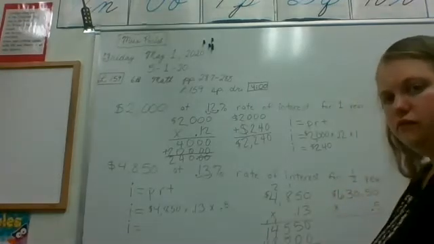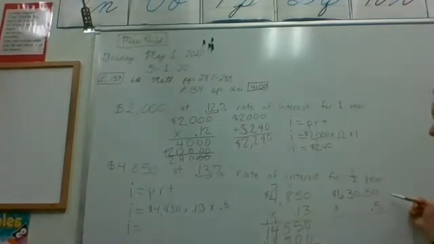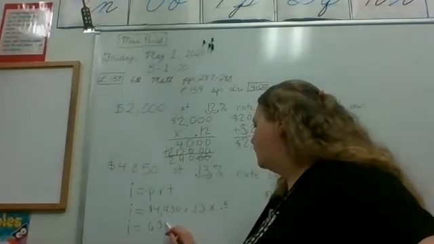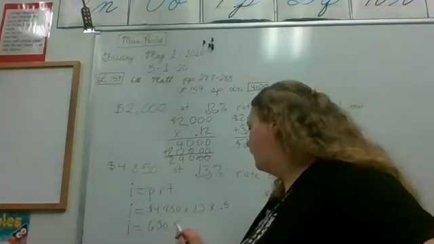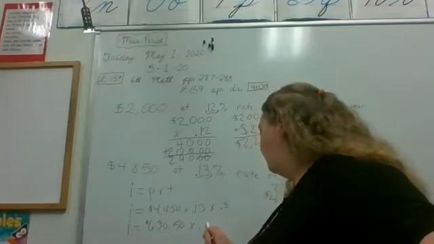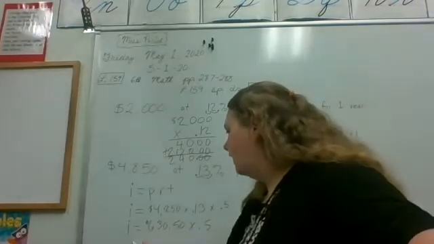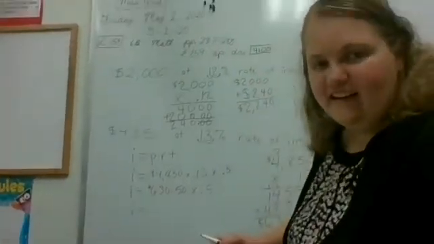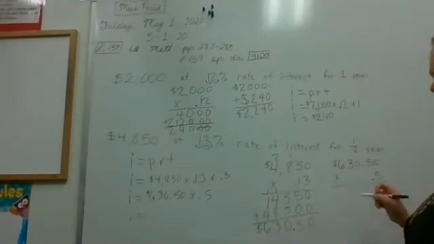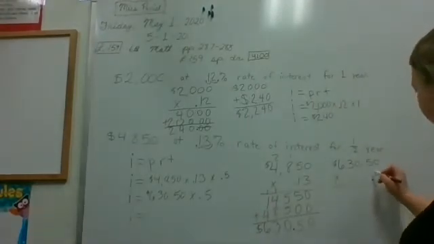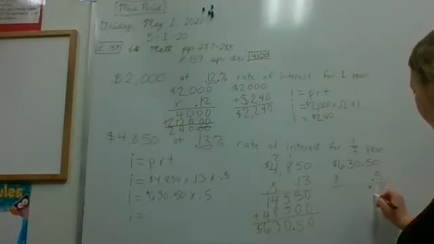Okay, so this will be our last step. So when you're doing this, you have 630.50 times 0.5, and then we're going to have our interest on the last line that you couldn't see. So 5 times 0 is 0, 5 times 5 is 25.